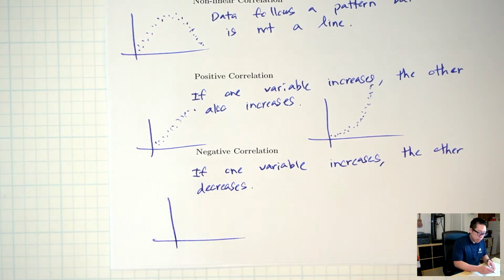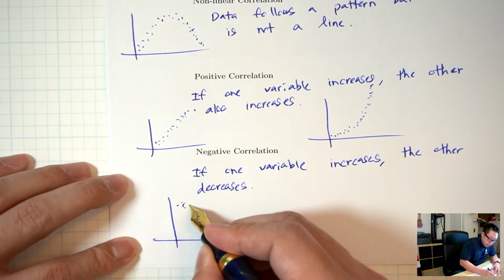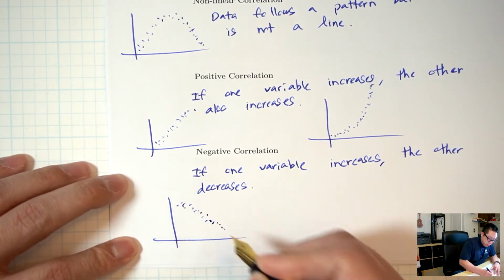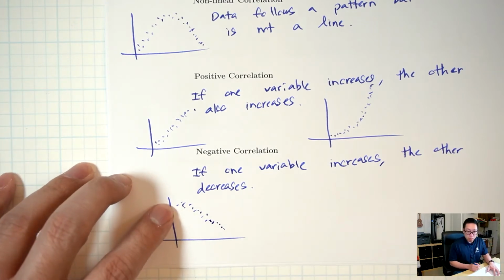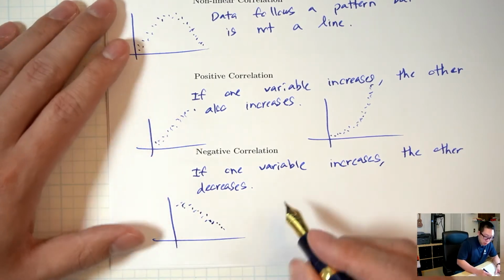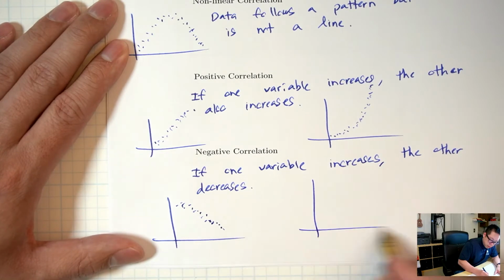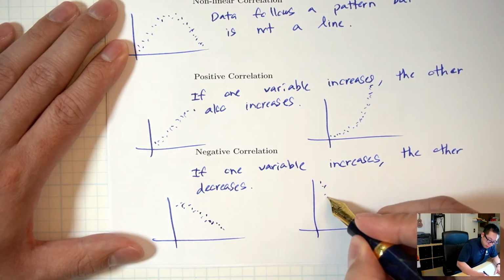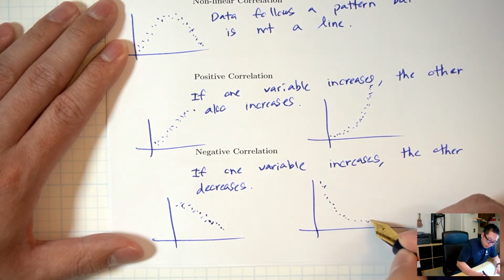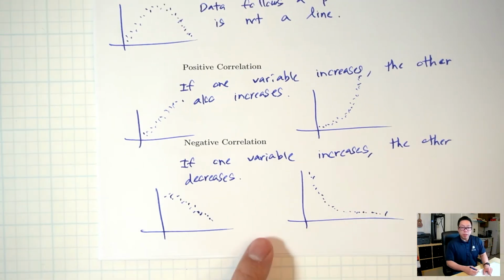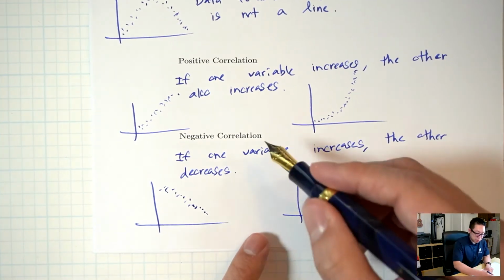Graphically, a negative correlation just means that your graph goes downward from left to right. Okay, that's a negative correlation that's linear. And that's a negative correlation that's nonlinear.